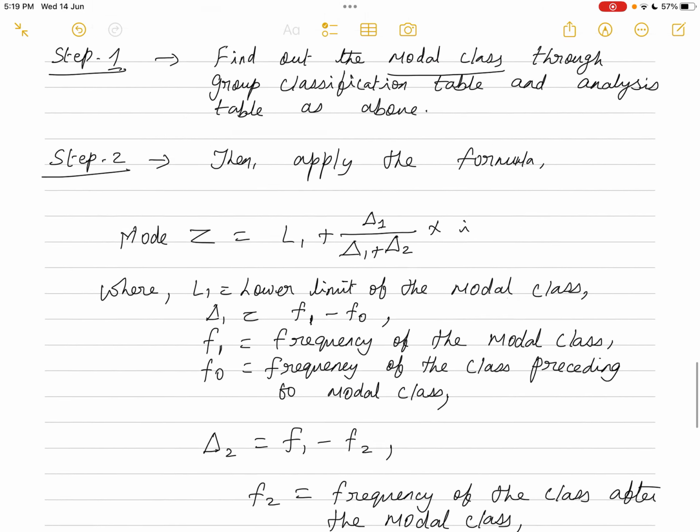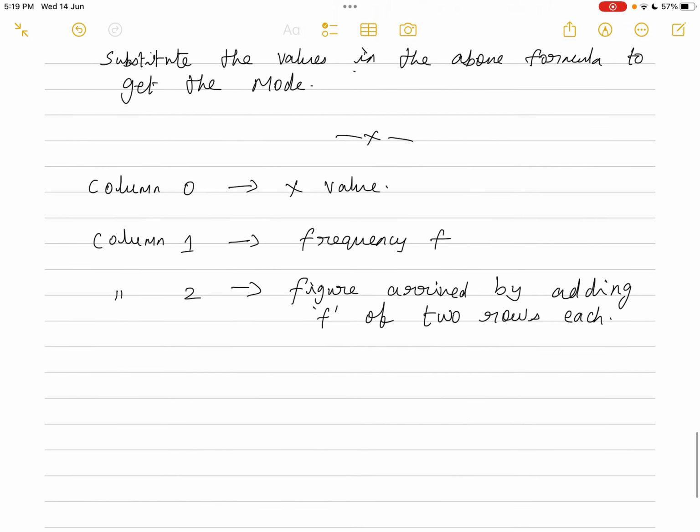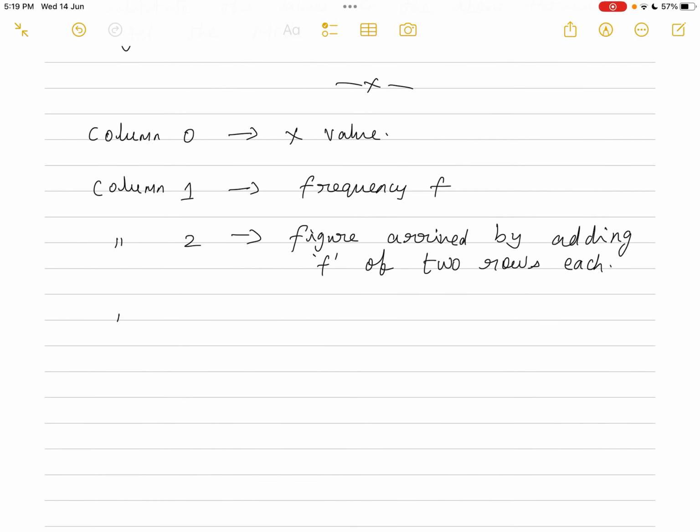Now what is column 3? So column 3 will be the figure arrived by adding f of 2 rows by leaving the first row.